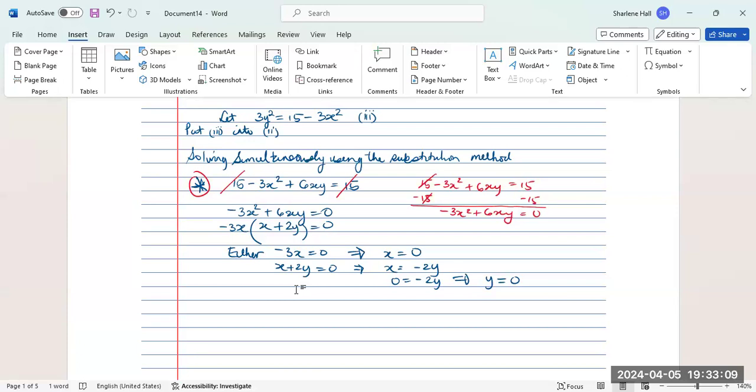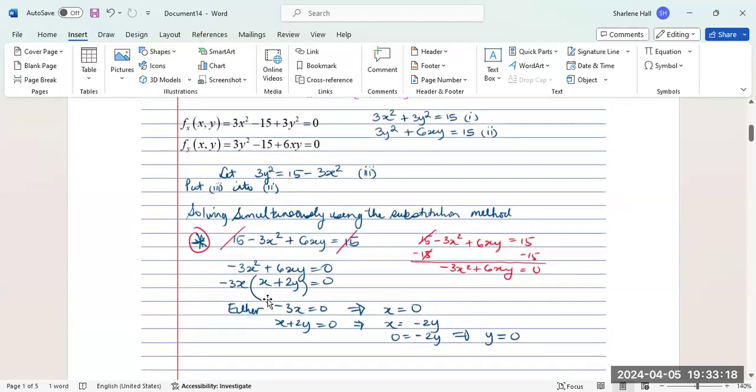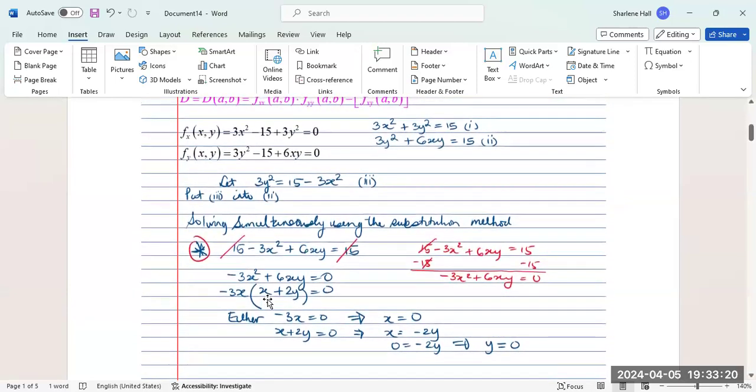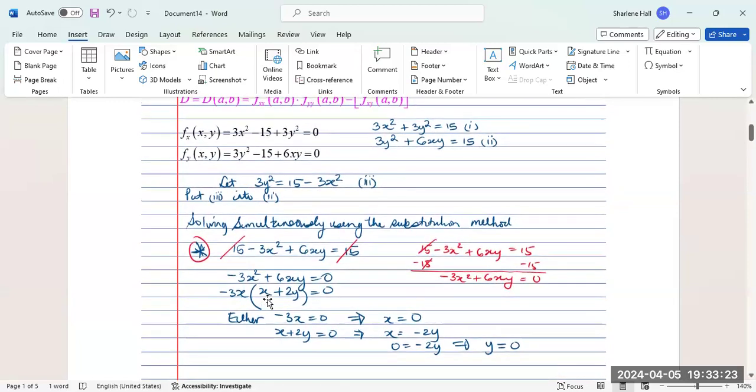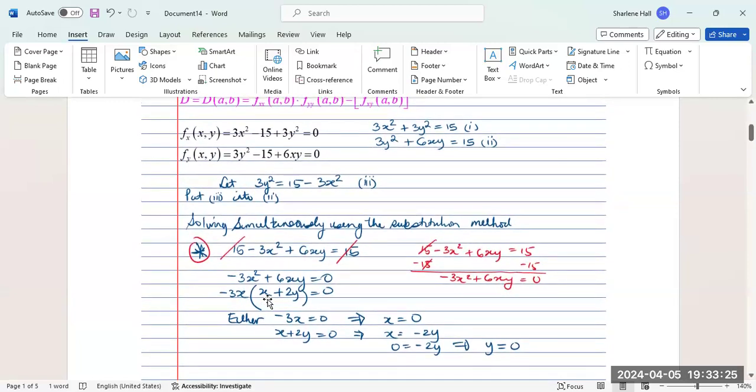So, do you agree now that the stationary point is going to be equal to (0, 0)? Yes, sir, I agree.